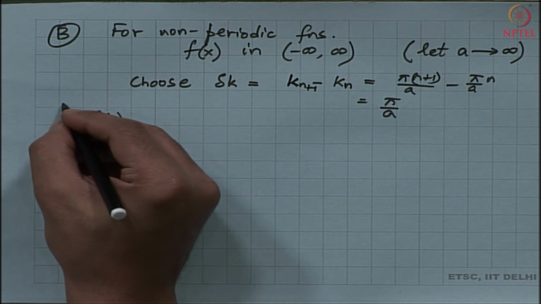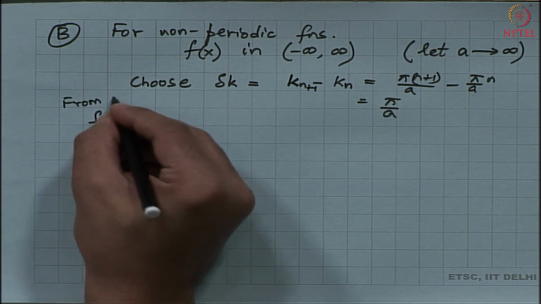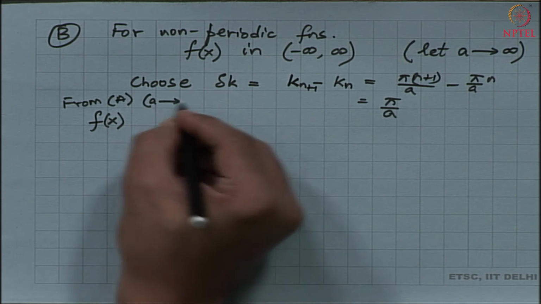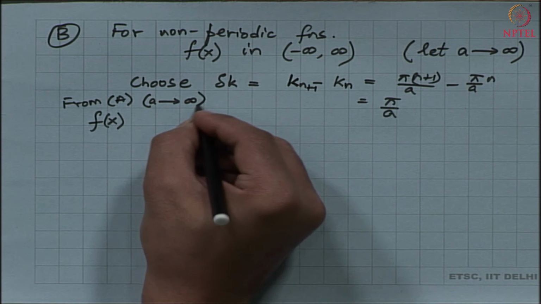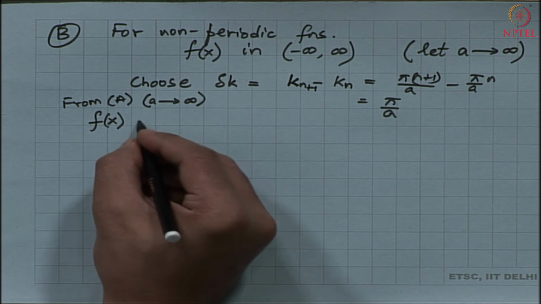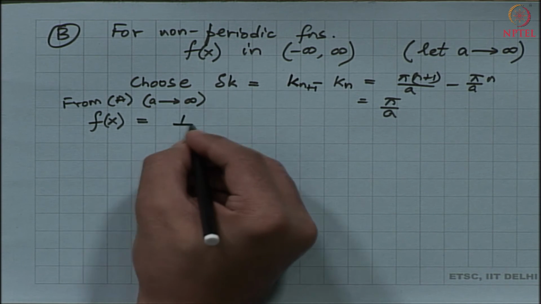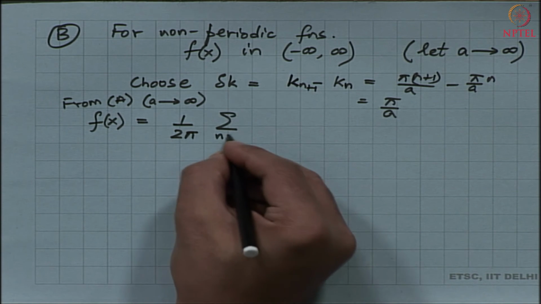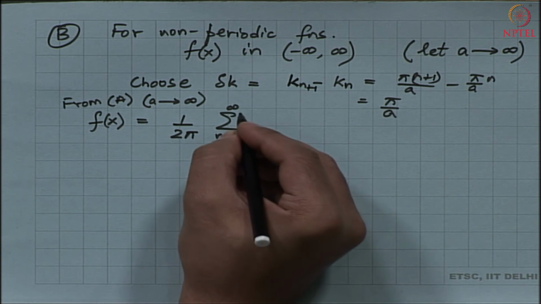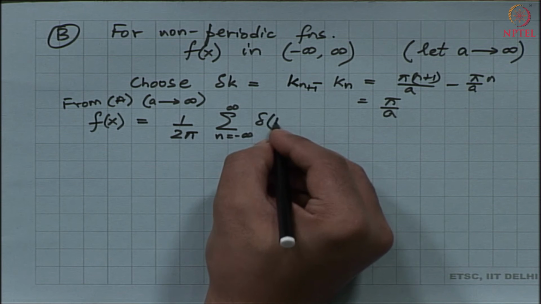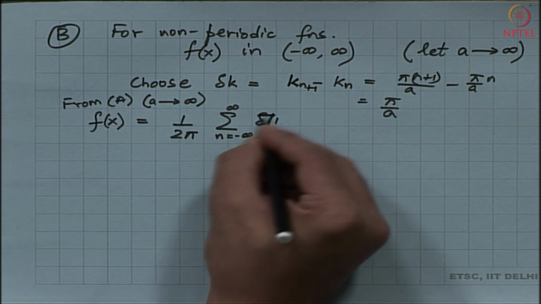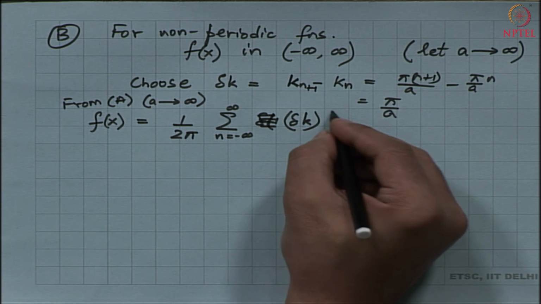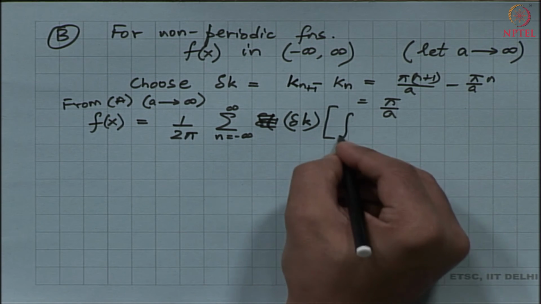So, I have f of x. Again, go back and look at the expression for a_n; we are going to let our interval a go to infinity. So, f of x is given to be 1 by 2 pi summation from minus infinity to infinity delta k, and then I am going to replace my Fourier coefficients as follows.